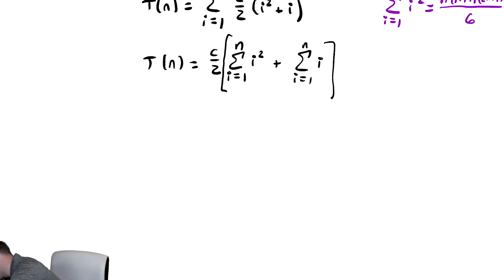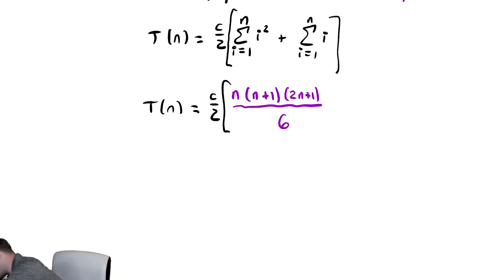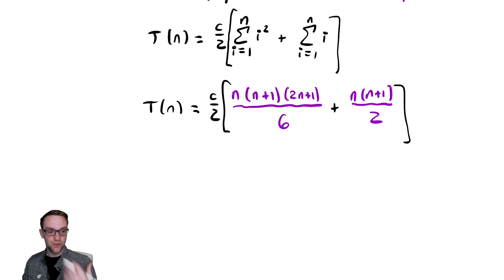This is T of n is equal to c over 2 times, for that first one we're using the i squared formula, n times n plus 1 times 2n plus 1, all divided by 6, plus the second summation, for which we're going to use the i formula, which was n times n plus 1 divided by 2. And as a whole, we now have a closed form expression, meaning there are no more summations. This involves what we call basic operations: addition, multiplication, division. And that is a closed form expression.